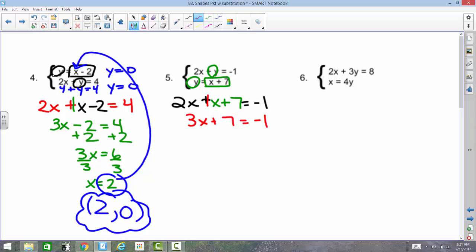You're going to subtract 7. So 3x equals -8. So x equals 8/3, negative. So 8/3 is -2 2/3.